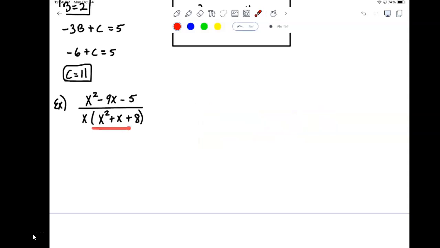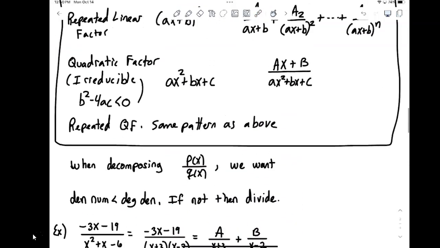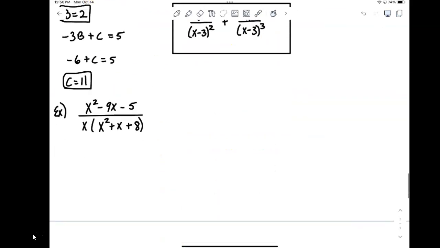And so I actually know this quadratic cannot be factored across real numbers. So it's what we call an irreducible quadratic factor. So it's going to stay as an x squared form. So in this case, I have a linear factor and this quadratic factor.